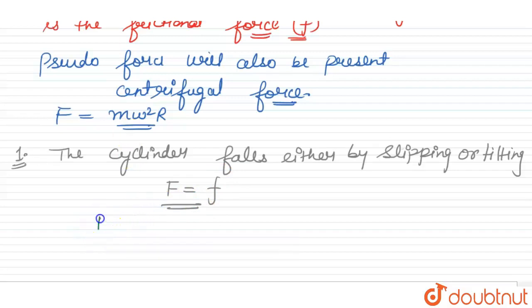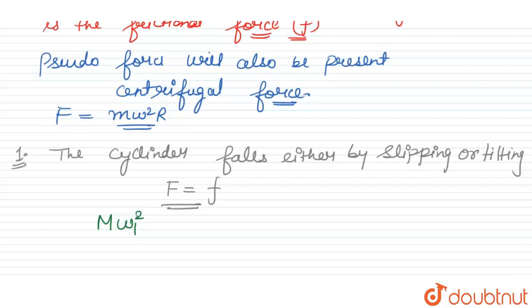Let us say the minimum angular velocity required such that the cylinder slips from the surface of the disc is omega 1.